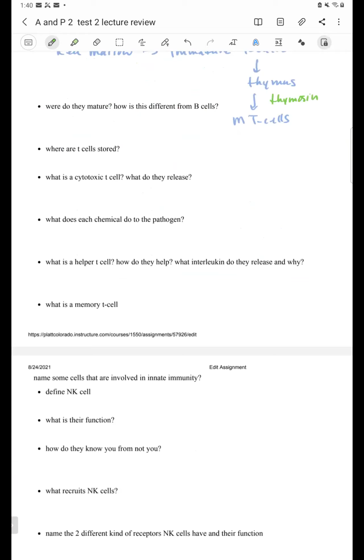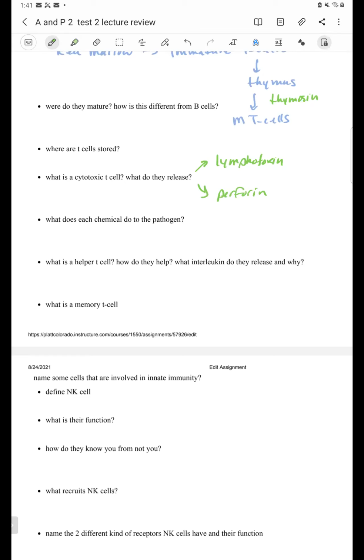Okay, the cytotoxic T cell. A cytotoxic T cell is a T cell with the ability to release toxins, so therefore cytotoxic, and they release lymphotoxin and perforin. Earlier when I said chemicals, this is more specific to that.